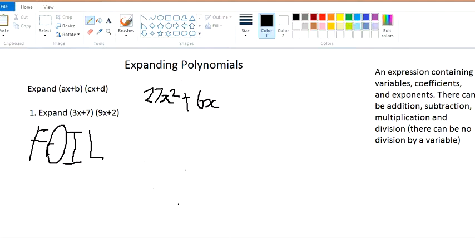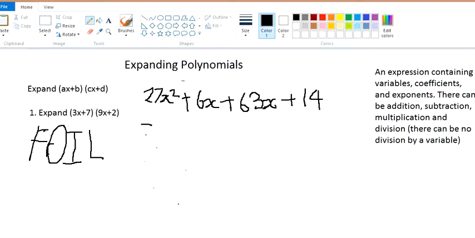So now the insides would be 9x and 7. 7 times 9x would give us 63x. Finally, we would apply last. Last is 7 times 2, which gives us 14.